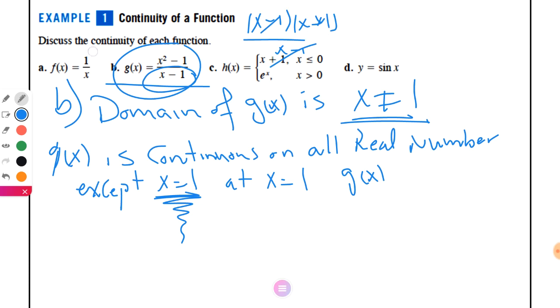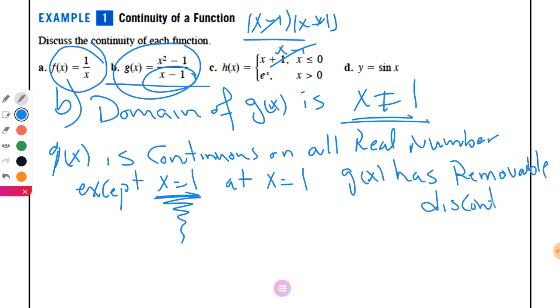In the previous case, I can't redefine. Here I can redefine the function or simplify it. So g of x has a removable discontinuity at x equal 1. Have you understood, please?